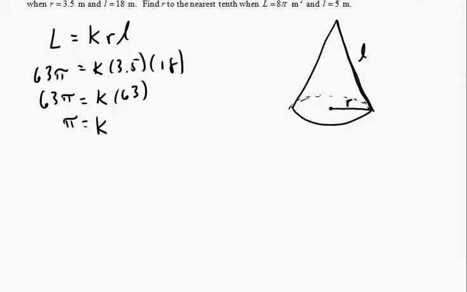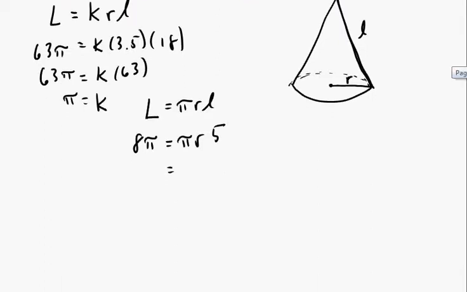Now that we have the constant of variation, we know that the lateral surface area equals pi times r times little l. And we're trying to find little r when big L is 8 pi and little l is 5.